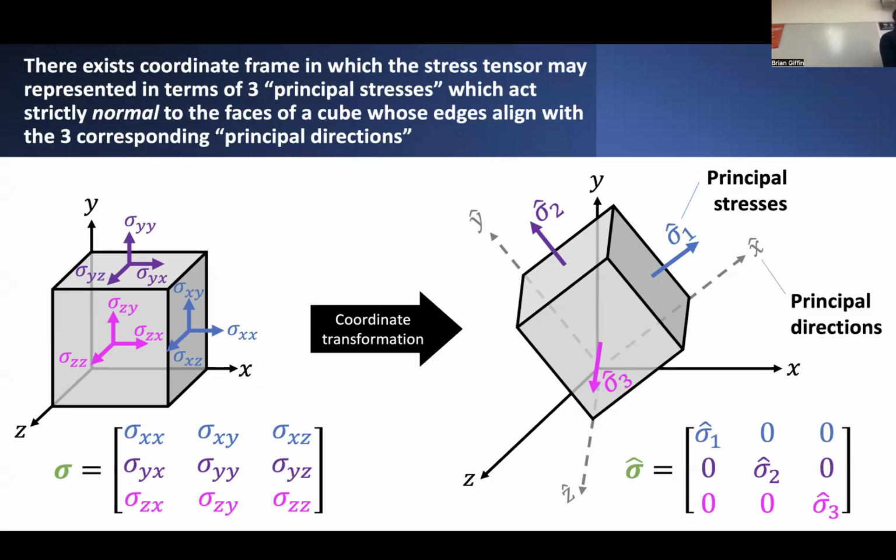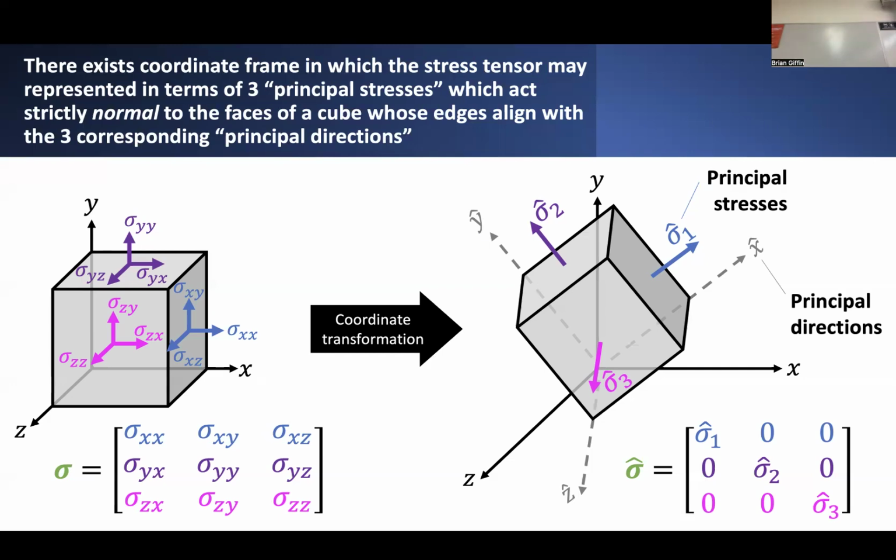But the main idea is that if I have some generic representation of a stress tensor with 6 different components, I can choose to just define a special coordinate system corresponding to the so-called principal coordinate frame, in which I can choose to define the state of stress just in terms of these 3 normal stresses acting on the faces of the cube that are aligned with these principal coordinate directions.